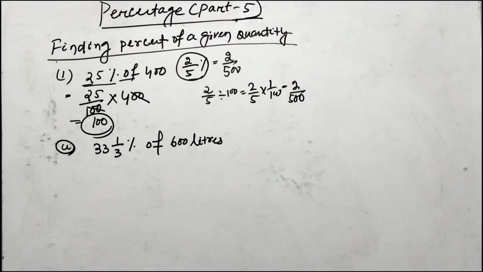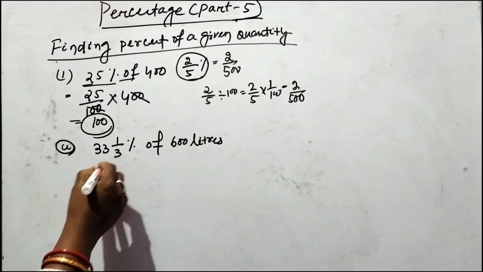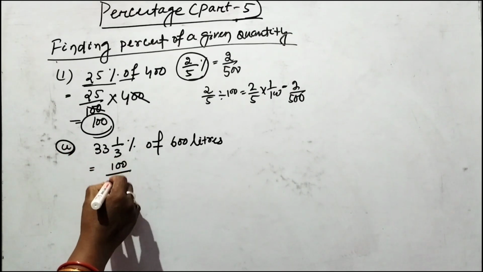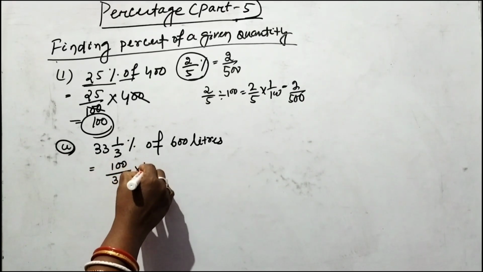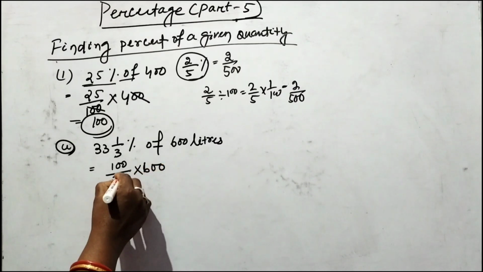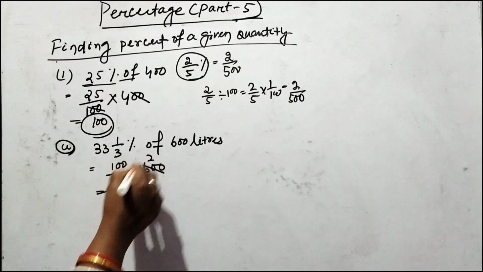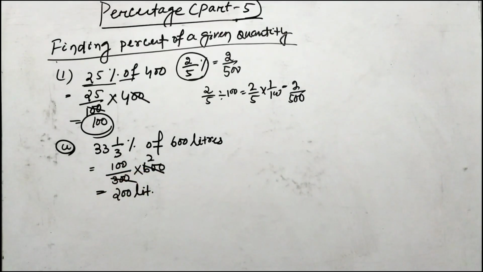So now if I multiply 33 into 3, that is 99, plus 1, that means 100 by 3 percentage, that means 100 by 300 into 600 liters. So here 300 goes 2 times, now 100 into 2 is 200 liters.